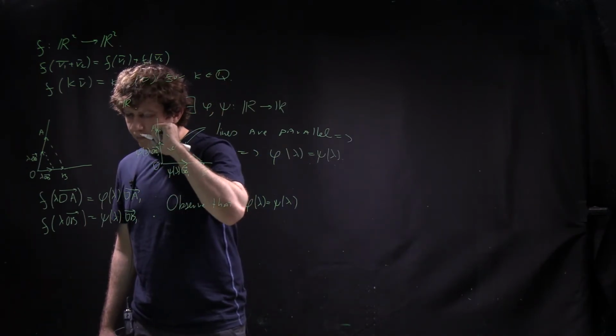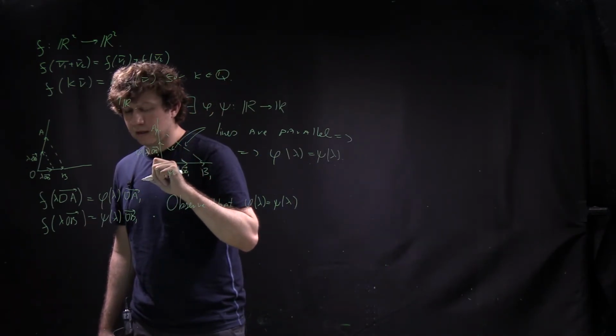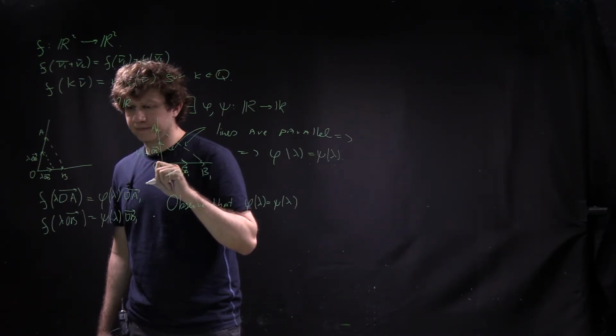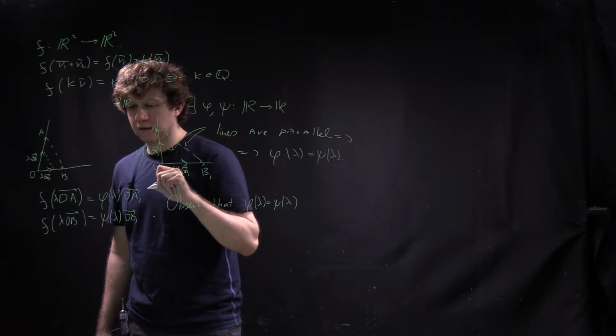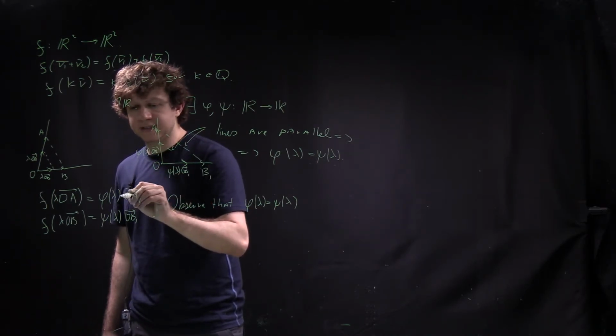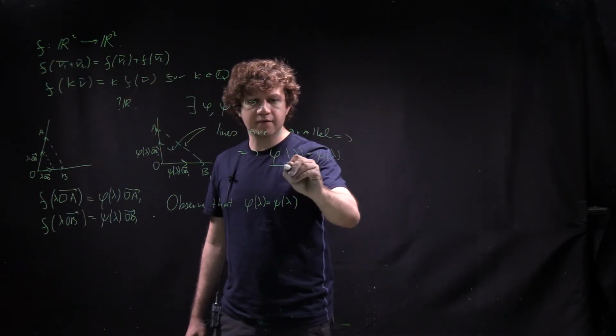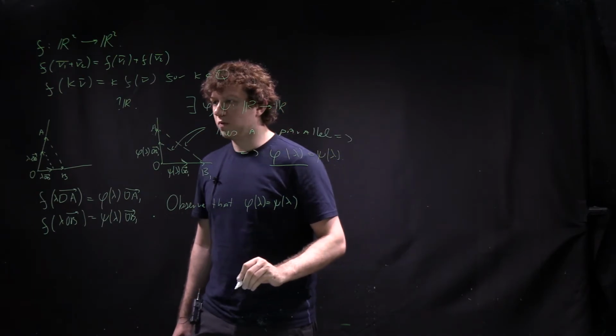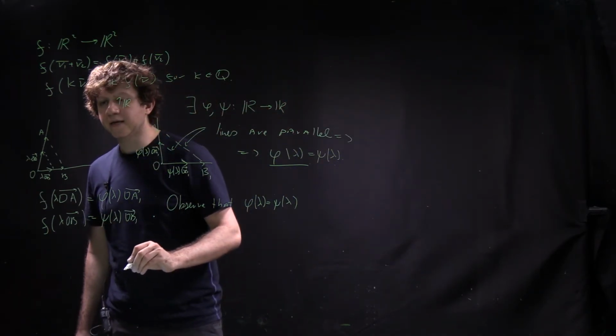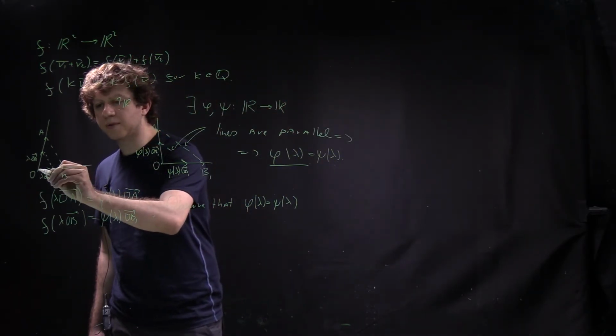So now let's see how to proceed. What properties does this phi have? I will denote this function by phi of lambda. Now let me take an arbitrary vector.